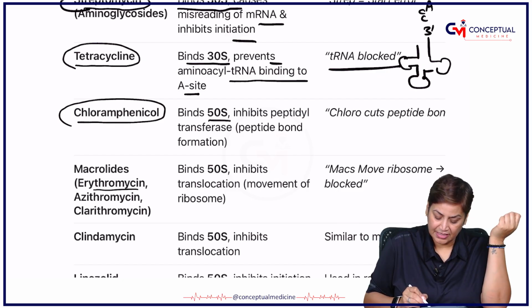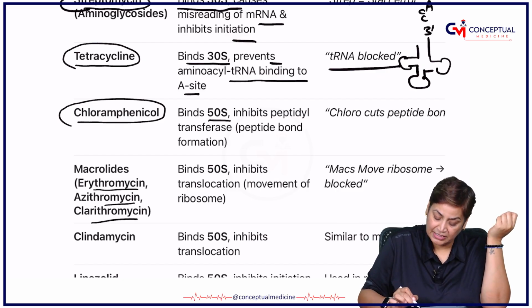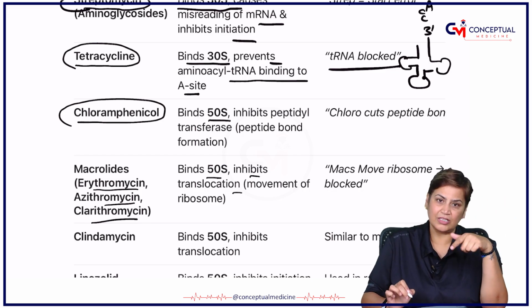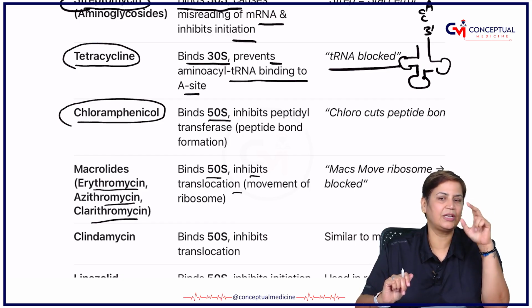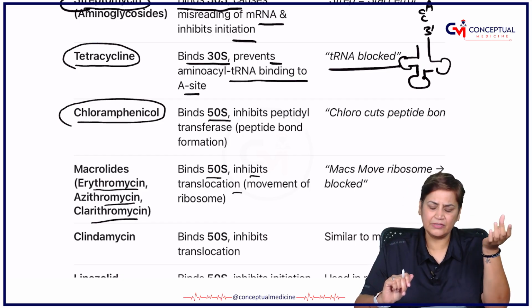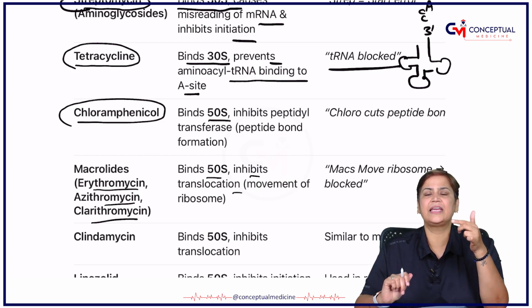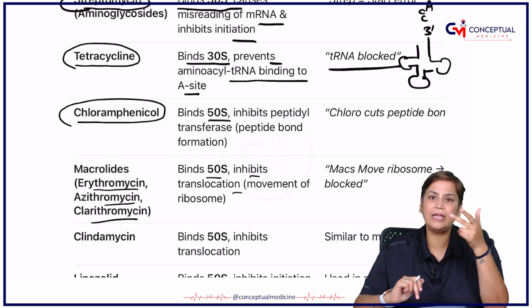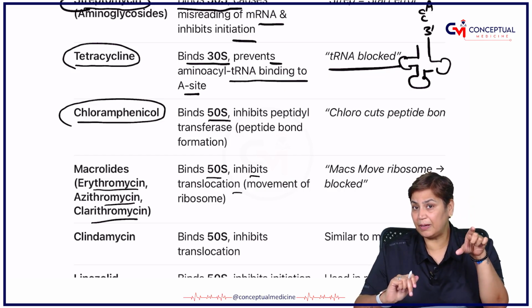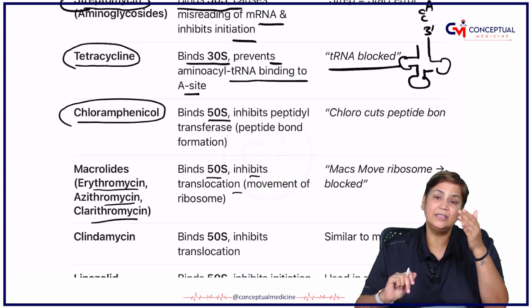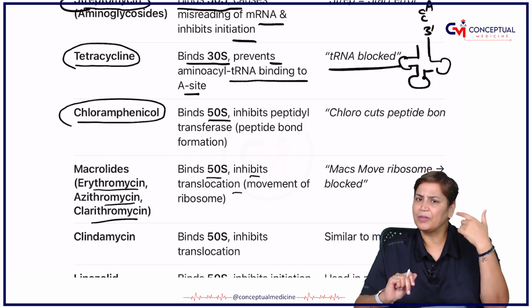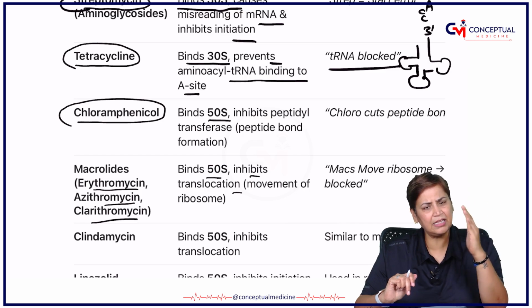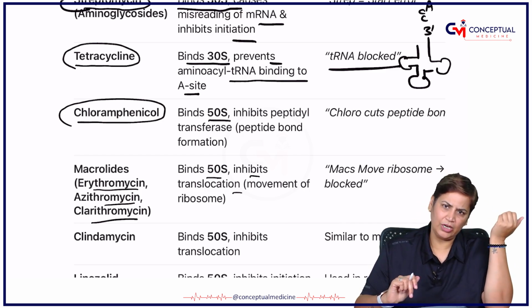Then erythromycin, azithromycin and clarithromycin always bind 50S and inhibit translocation. Because when we discussed elongation, the second step of translation, I told you there are two processes taking place: one is the peptide bond formation and the second is the translocation. So chloramphenicol inhibits the formation of the peptide bond, whereas azithromycin and erythromycin block the translocation process, because the first amino acid has to be at the bottom, and simultaneously the other amino acids will form a polypeptide chain.